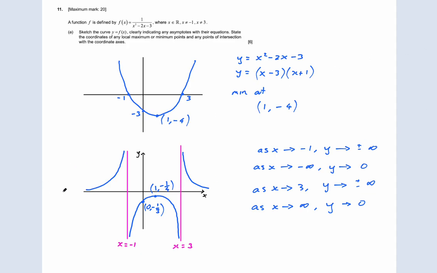Just write it as y equals 0. And just to be clear to the examiner, write horizontal asymptote. Okay, that's it. That's 11A.